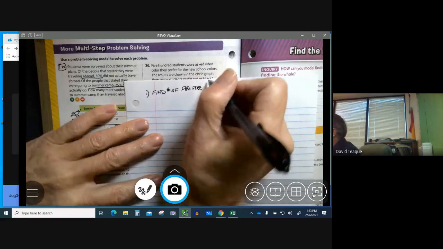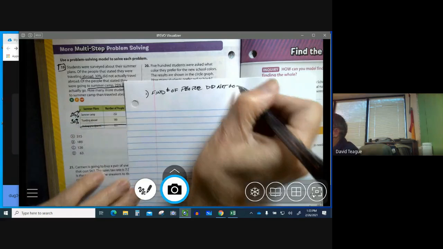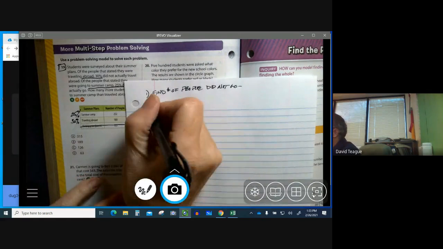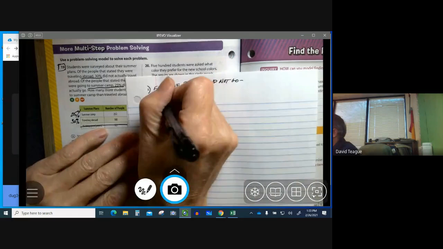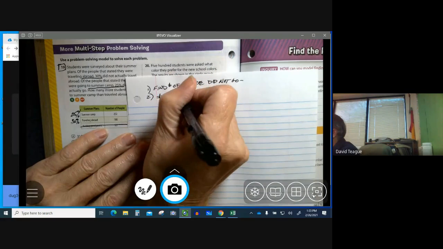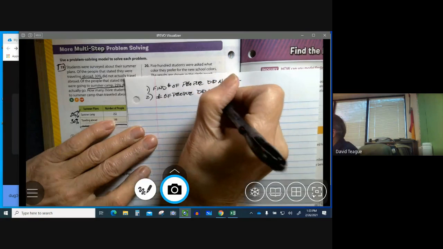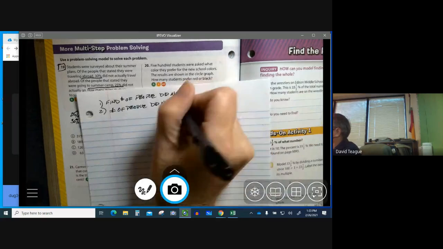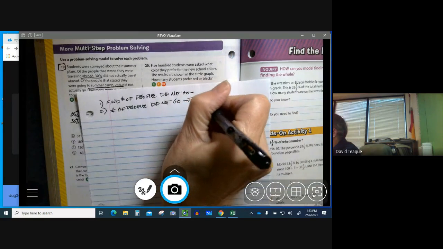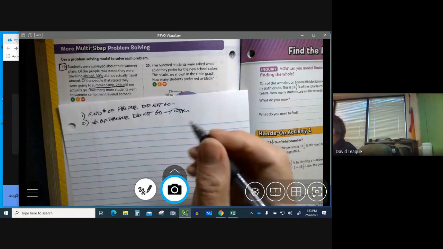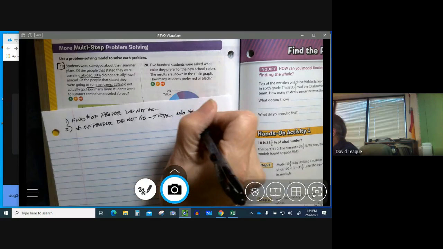Then the next thing you have to do is subtract the number of people that did not go from the total, because then you'll find out how many people actually went. This tells us who showed up, who went.